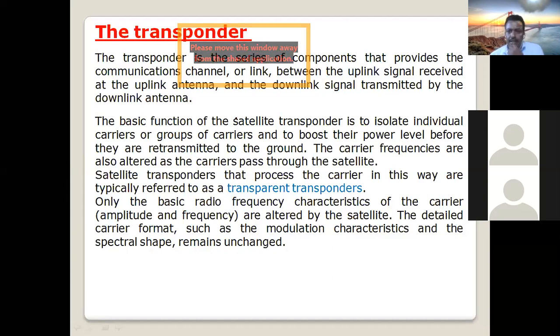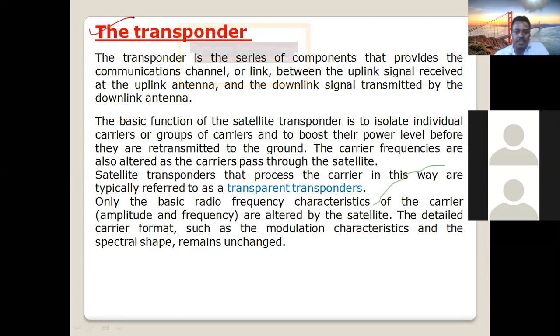The additional supporting equipment is for control purposes. Because we are communication engineers, we're concerned with the communication equipment part. There are power engineers, control engineers, industrial engineers. They are concerned about the other subsystems. That's why we focus only on the payload part of the space segment. So let's start from the transponder.